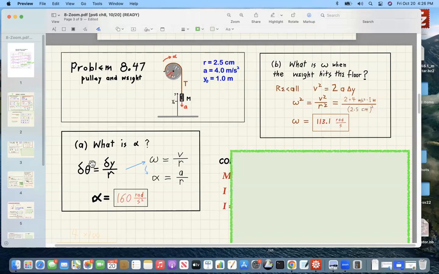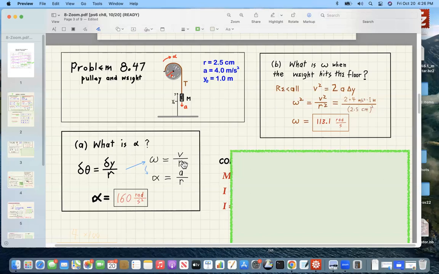Now that relates the angle of the disk and the height of the block. What about the angular velocity? Well, angular velocity is delta theta over delta t. So that's delta y over delta t, that's the velocity divided by r. And what about the angular acceleration? Well, it's the rate of change of omega, delta omega over delta t. That'll be delta v over delta t divided by r.